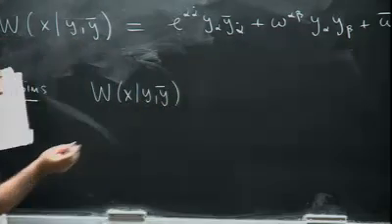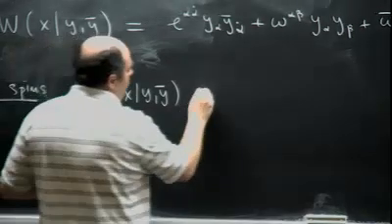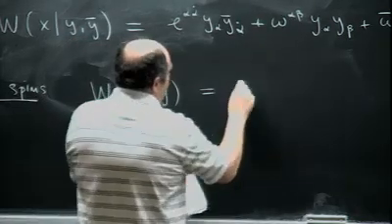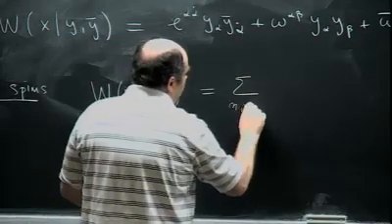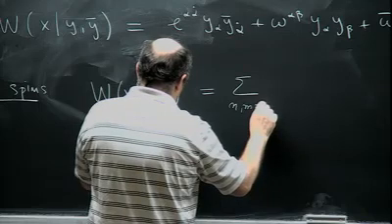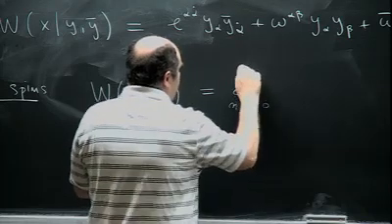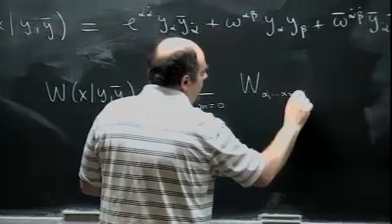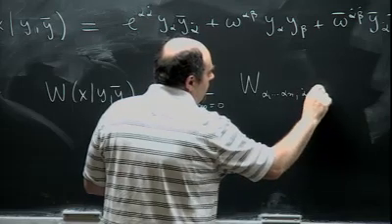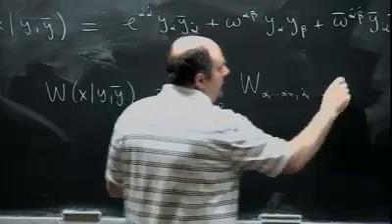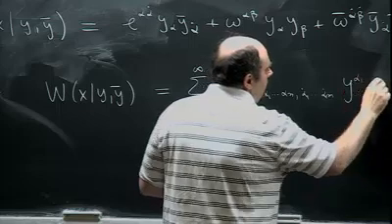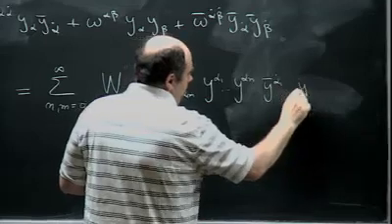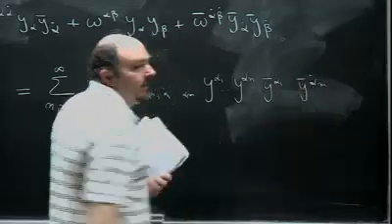It's just some arbitrary function of x, y, and y bar. It will have a Taylor expansion in powers of y, so we can write that expansion as a sum over n, m from 0 to infinity of W_{alpha_1...alpha_n alpha dot_1...alpha dot_m} y^{alpha_1}...y^{alpha_n} y bar^{alpha dot_1}...y bar^{alpha dot_m}.